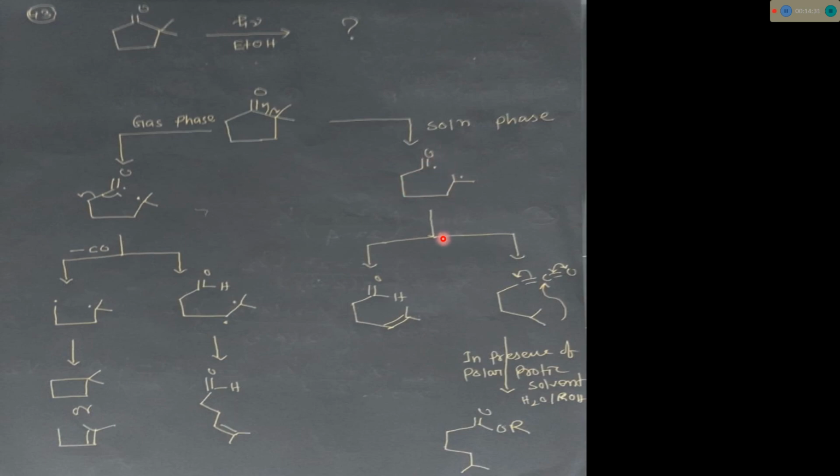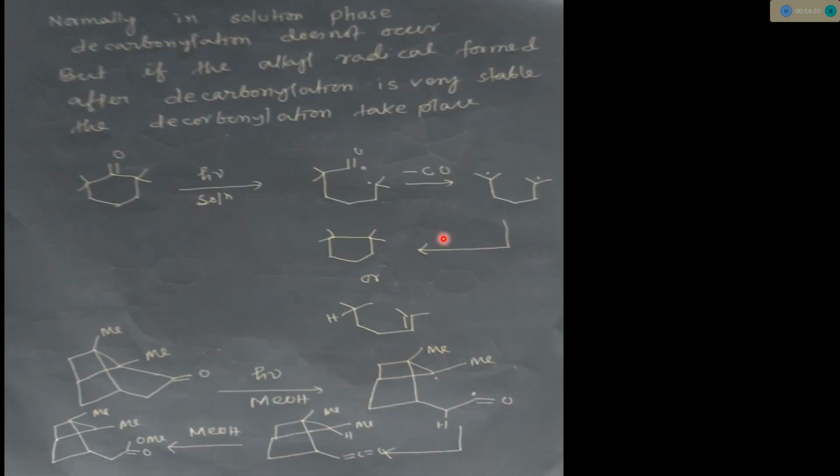But if there is a chance to form a very stable radical after decarbonylation, meaning after leaving the CO group, if there is a chance to form a stable alkyl radical, then in solution phase also the CO group leaves. But usually in solution phase the CO group cannot leave.